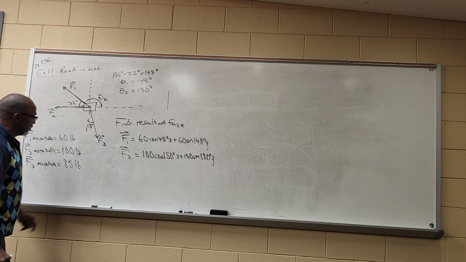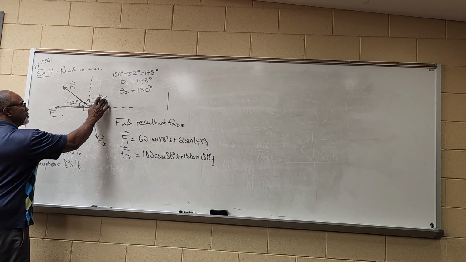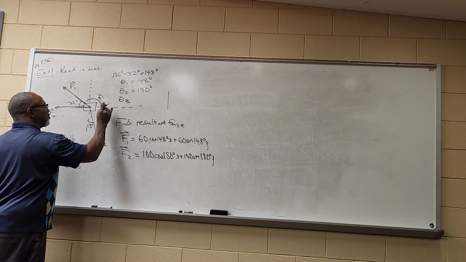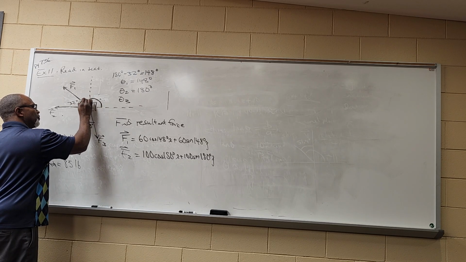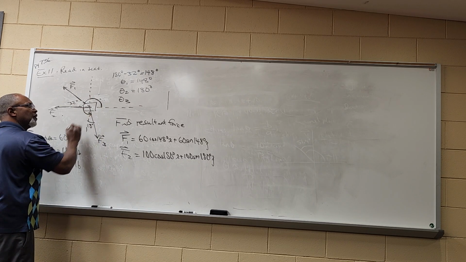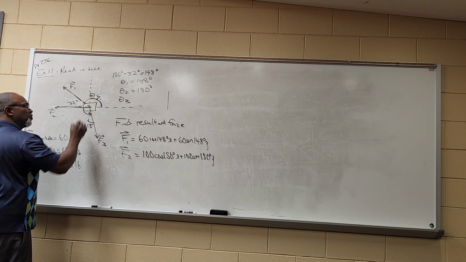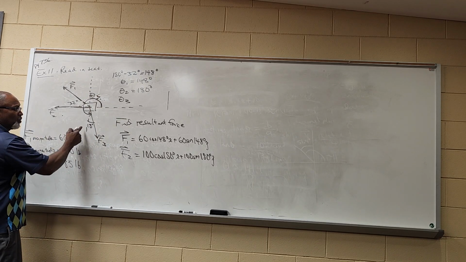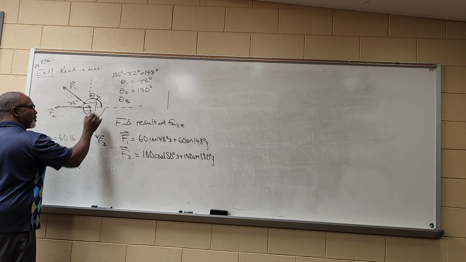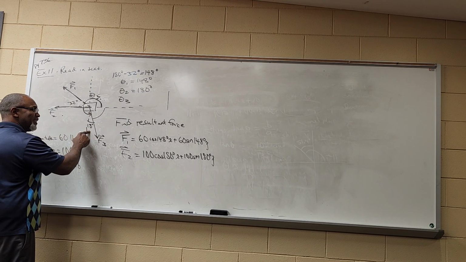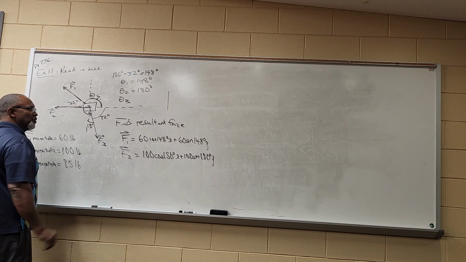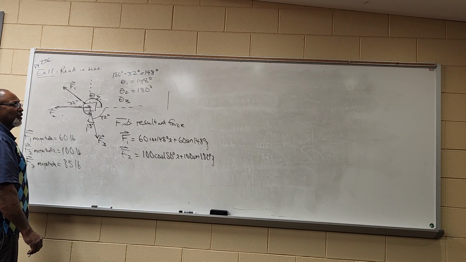And finally F3. Let's figure out what theta 3 is. Well, theta 3 would be the angle all the way from here to there. Since this is an 83-degree angle, the best thing might be to figure out what the rest of that is. 90 minus 18, 72 degrees, okay?